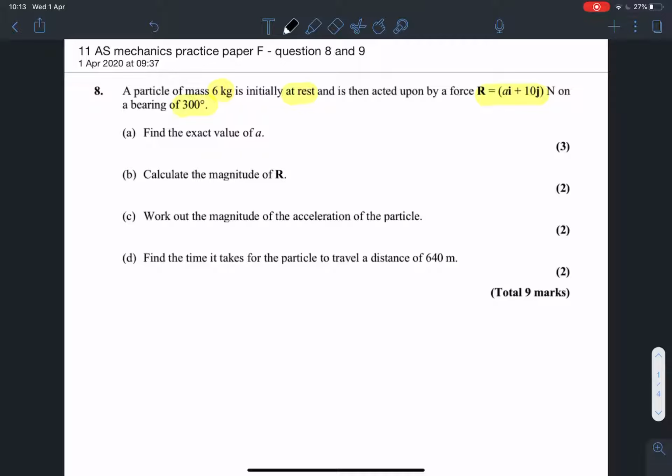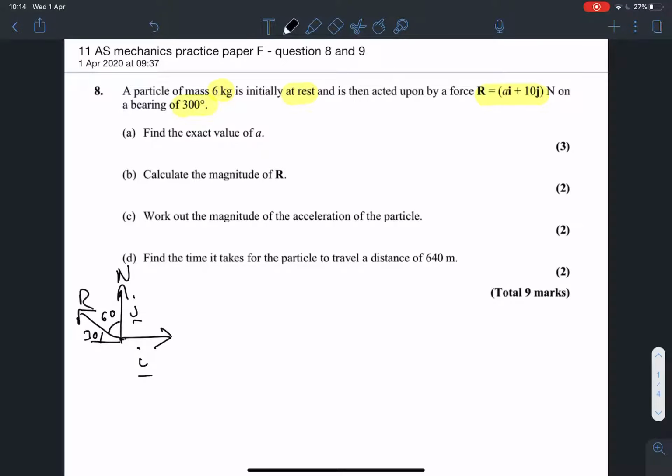But we better do that at the start, and we'll take the standard thing where i is east and j is north. On a bearing of 300 degrees, that angle in there would be 30 degrees, and that's R.